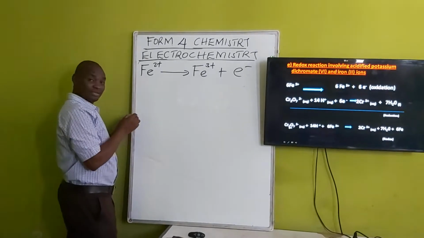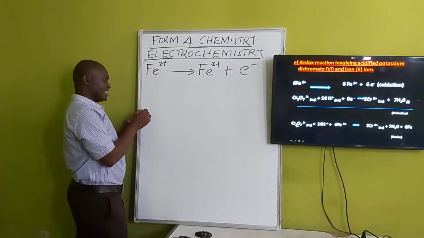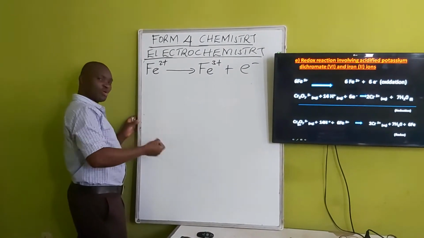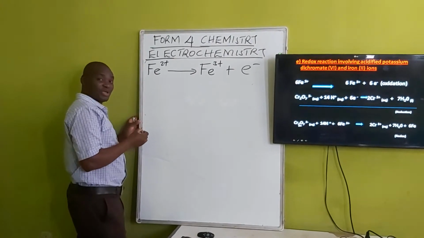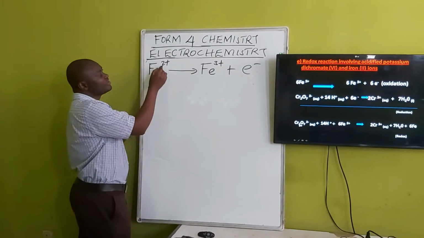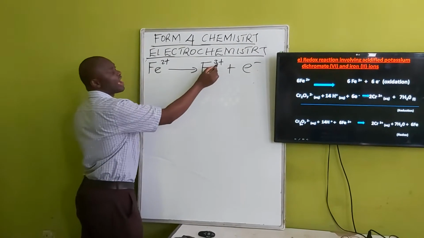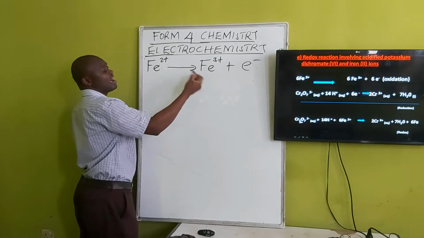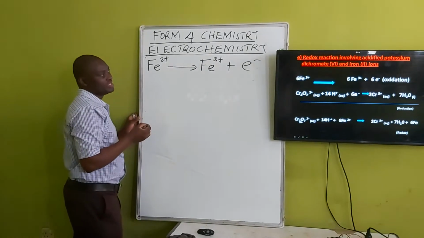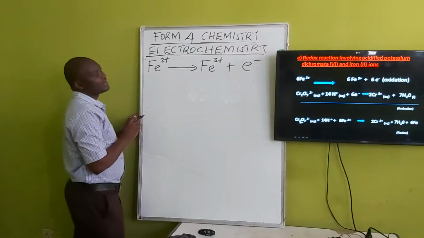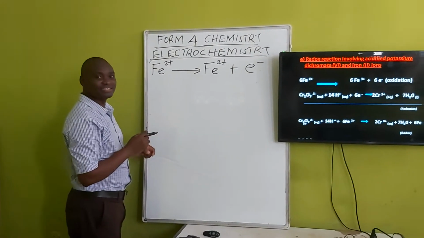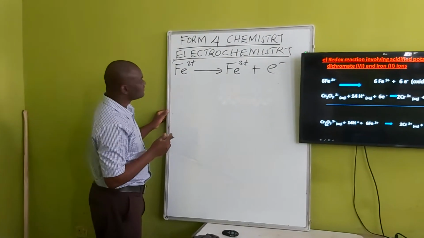As I said last time, that loss of electron is actually oxidation. So moving from iron(II) to iron(III), you have to remove one electron.